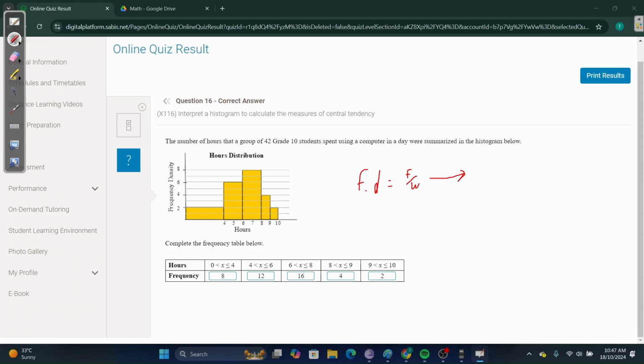So the frequency is equal to the width times the frequency density. Now to find the frequency of the first one, F1, we'll say. The frequency of the first one is equal to 2 times the width. So this is 0 here, obviously. So 2 times the width, which is 4. 2 times 4, which is 8.